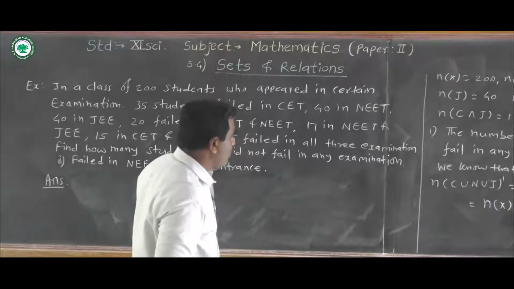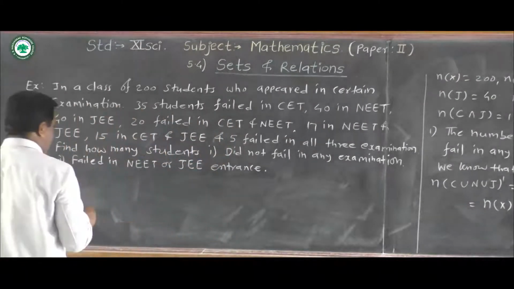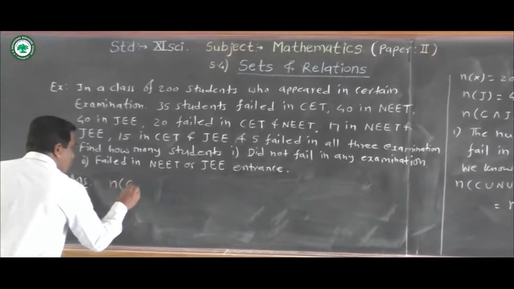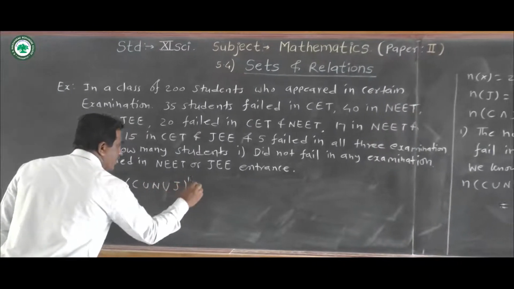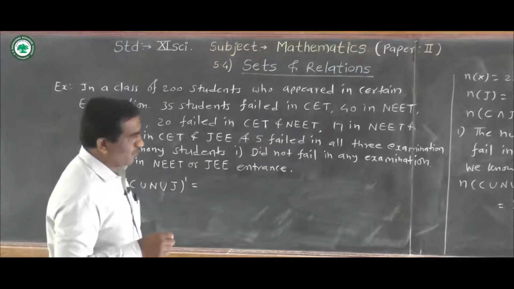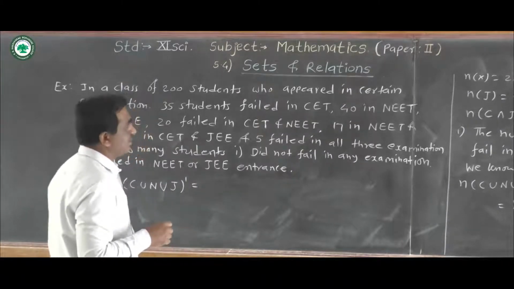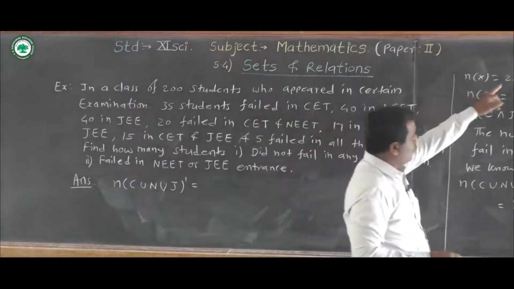The number of (C union N union J) complement is equal to, we are given the number of X is equal to 200.